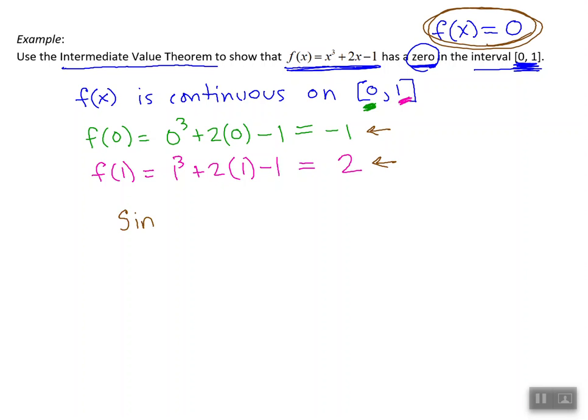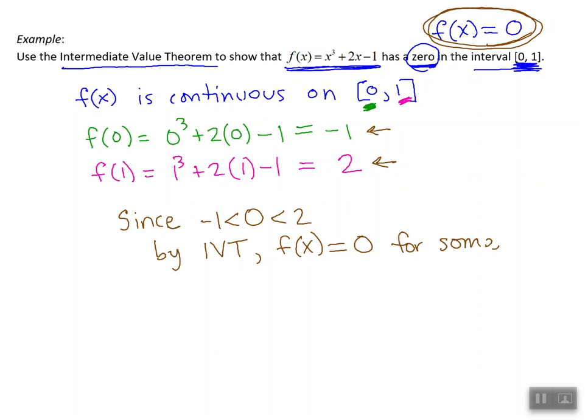So we would say that since the value we want, 0, is between negative 1 and 2, or negative 1 is less than 0, which is less than 2, by intermediate value theorem, f of x must equal 0 for some x value on our interval 0 to 1. And that's how we use the intermediate value theorem.